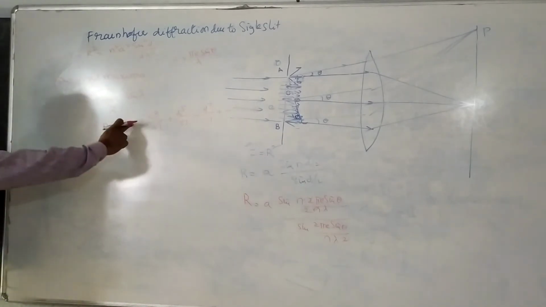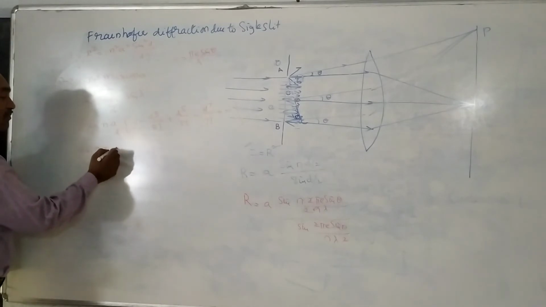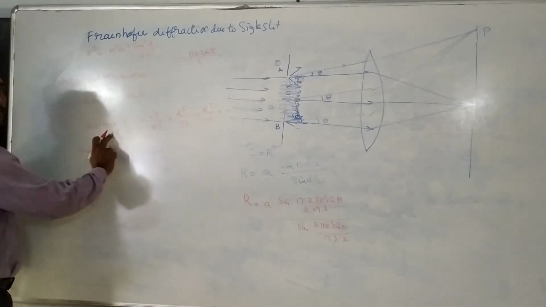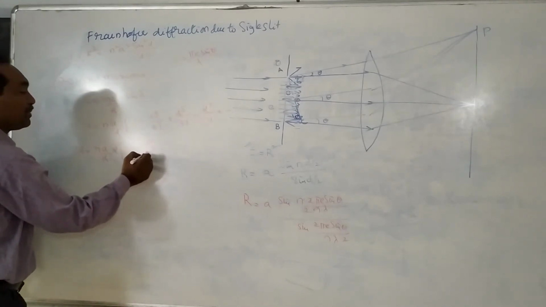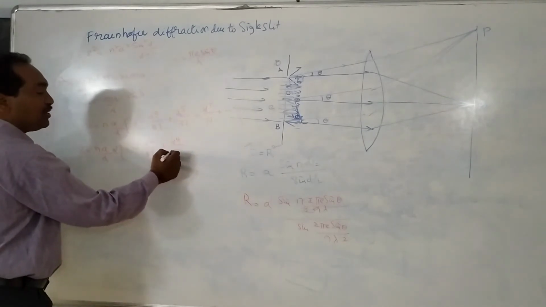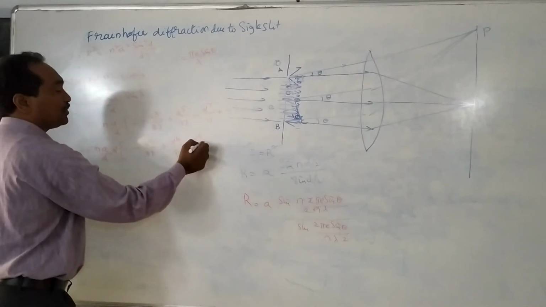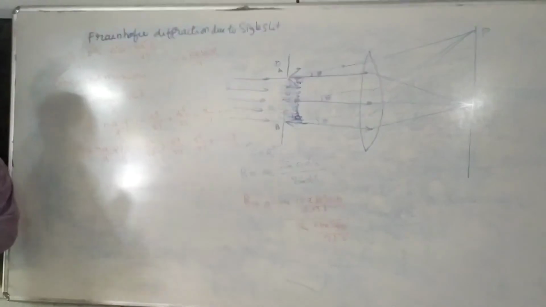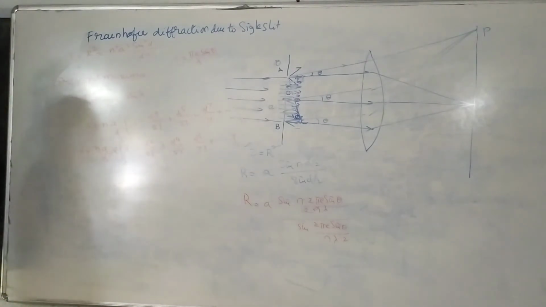Of course, when alpha is taken outside, R is equal to n A by alpha into alpha times 1 minus alpha square by 3 factorial plus alpha to the power 4 by 5 factorial minus alpha to the power 6 by 7 factorial and so on. These alphas cancel each other.